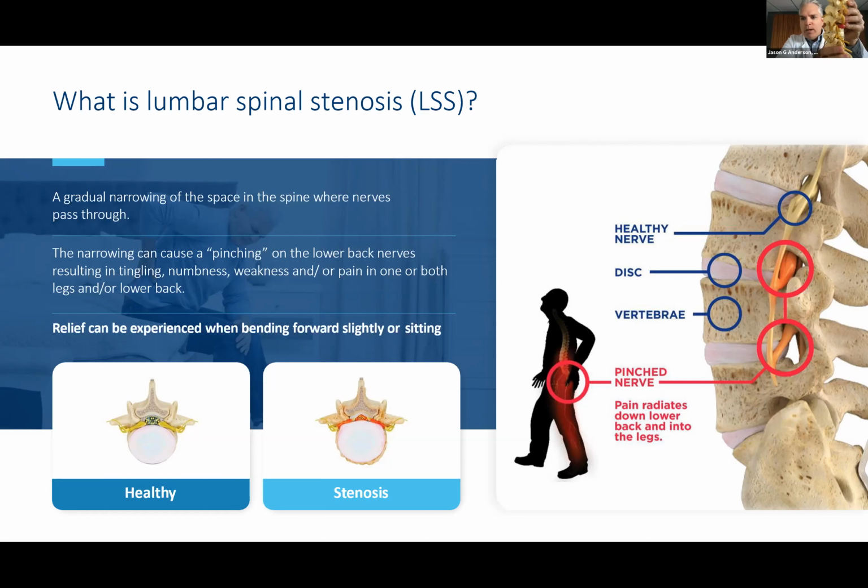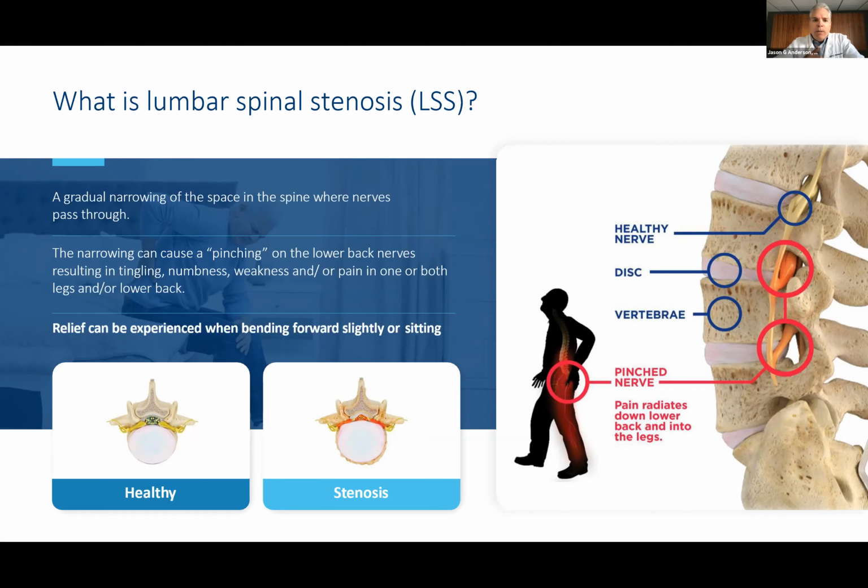Then when you bend forward, it frees them all up and then clamps down, and it may clamp on a different nerve that's kind of freely floating. And that's why it may feel like one day it's in one leg and then in the other leg, and move back and forth, or one time be in both legs or in no legs at all, or just in the low back. So the key thing is relief is experienced when bending forward slightly or sitting.